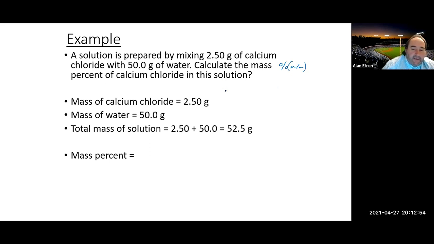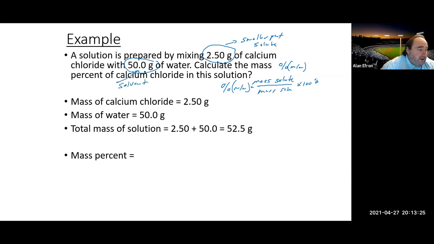And again, that is our mass of our solute divided by the mass of the solution times 100%. When we have 2.5 grams of calcium chloride, that is the smaller part, and that would be our solute in this case. 50 grams of water is actually our larger part, and that is the solvent.